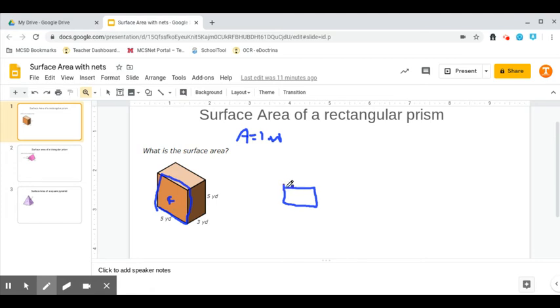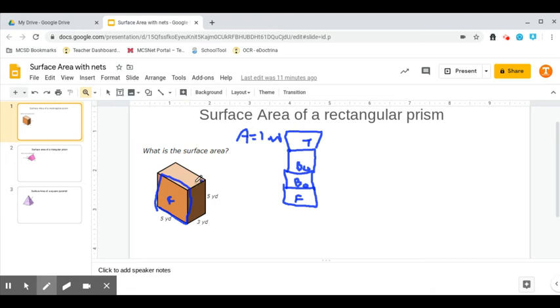So if I fold the front down, I would have the back. Then we go front, or the bottom, then we have the back, and the top. This is an awesome drawing.